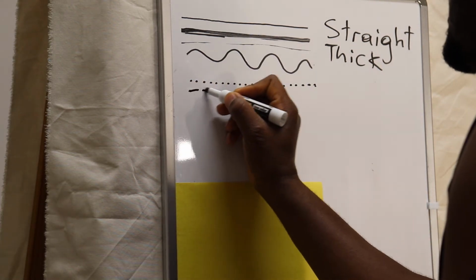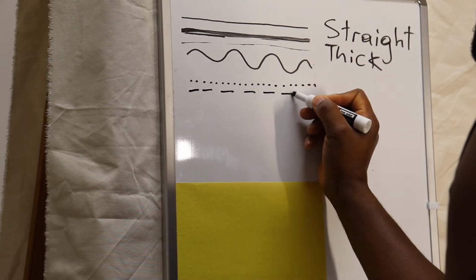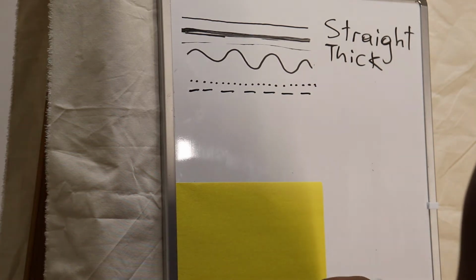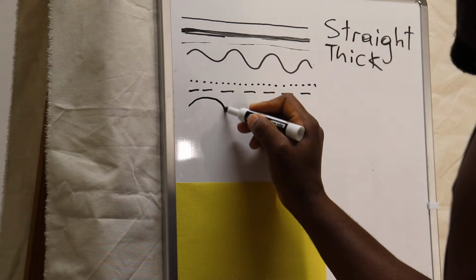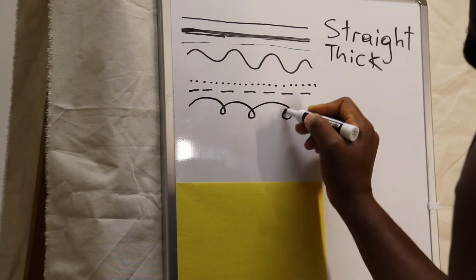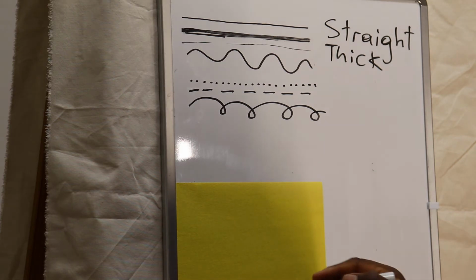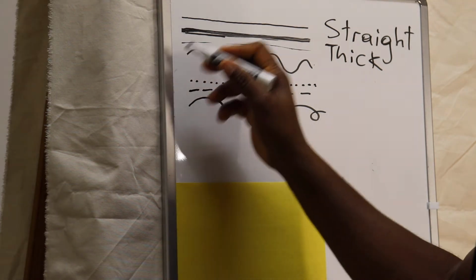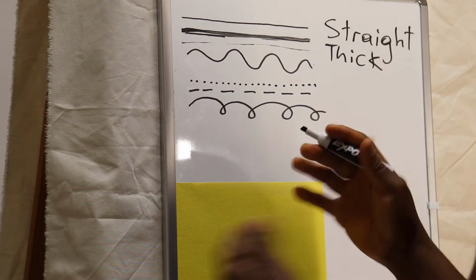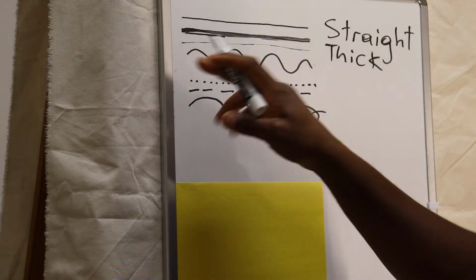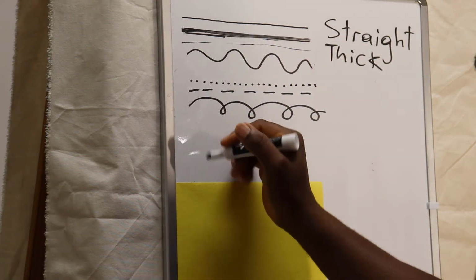Then you have a broken line. You could also have, how about a spiral line? The spiral line, alright? So wavy line, you could be looking at a mountain range or water, alright?